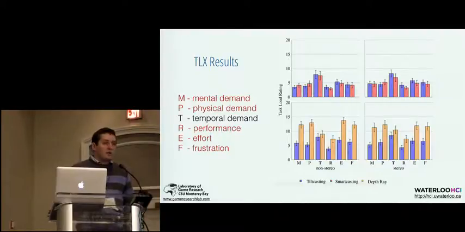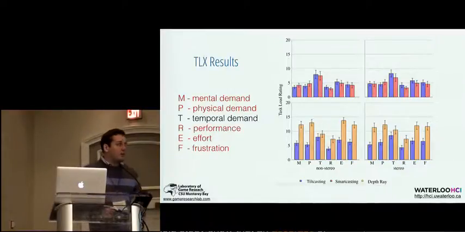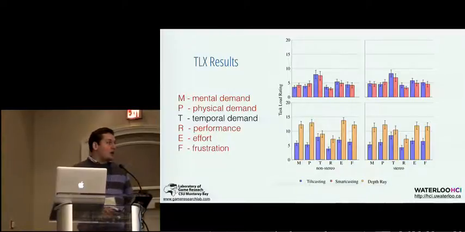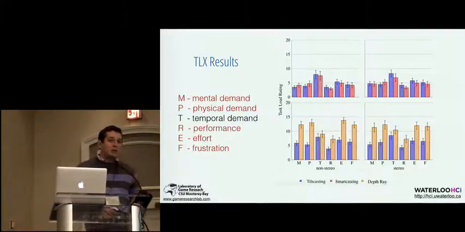But also interesting were the results of our TLX data. While there was no significant difference in performance on the non-occluded objects between smart casting and tiltcasting, even though there was this added cost of tiltcasting on the non-occluded objects, there was an actual huge difference in the user preferences for tiltcasting when we have the occluded objects.